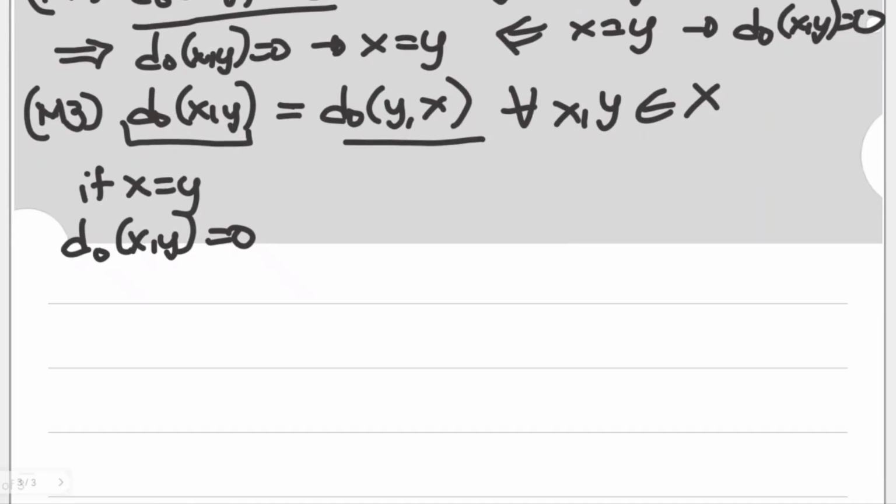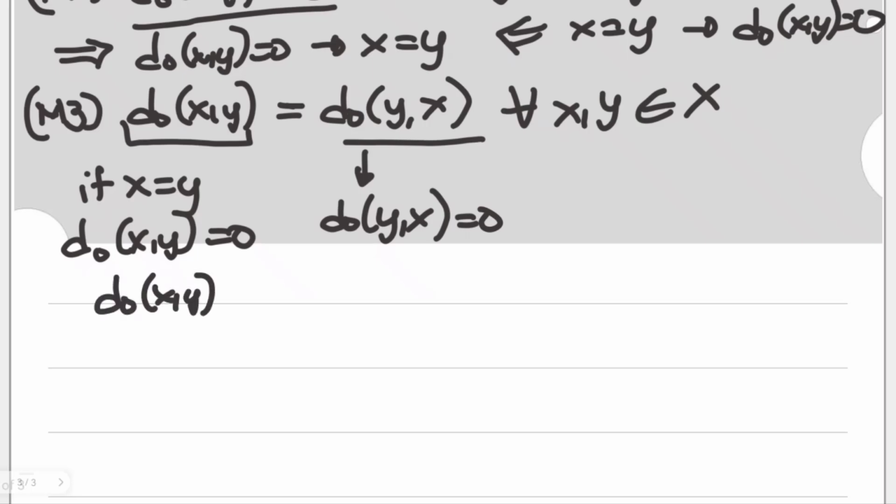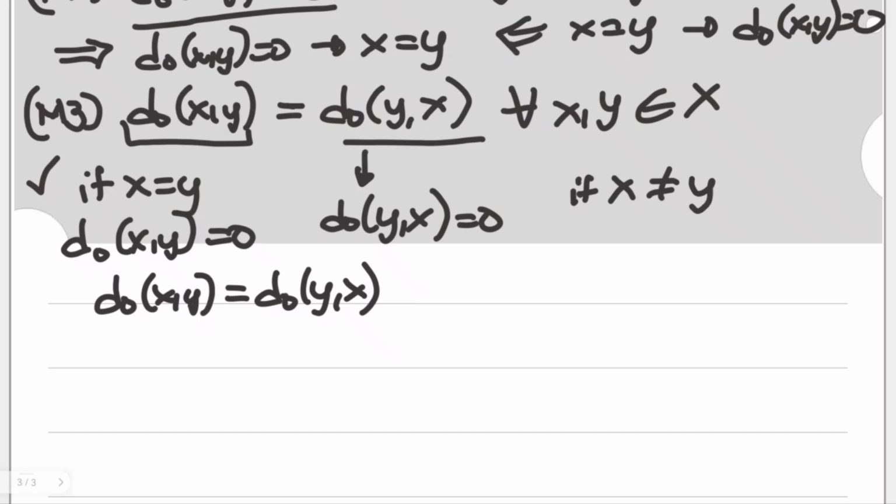Now, looking into that, what is also the result here? The distance of y and x, and since x and y are equal, should also be equal to 0. This tells us that the distance of x and y is just equal to the distance of y and x if x is equal to y. Now, if x is not equal to y, take note that x and y can take any other values as long as they are elements of real numbers.